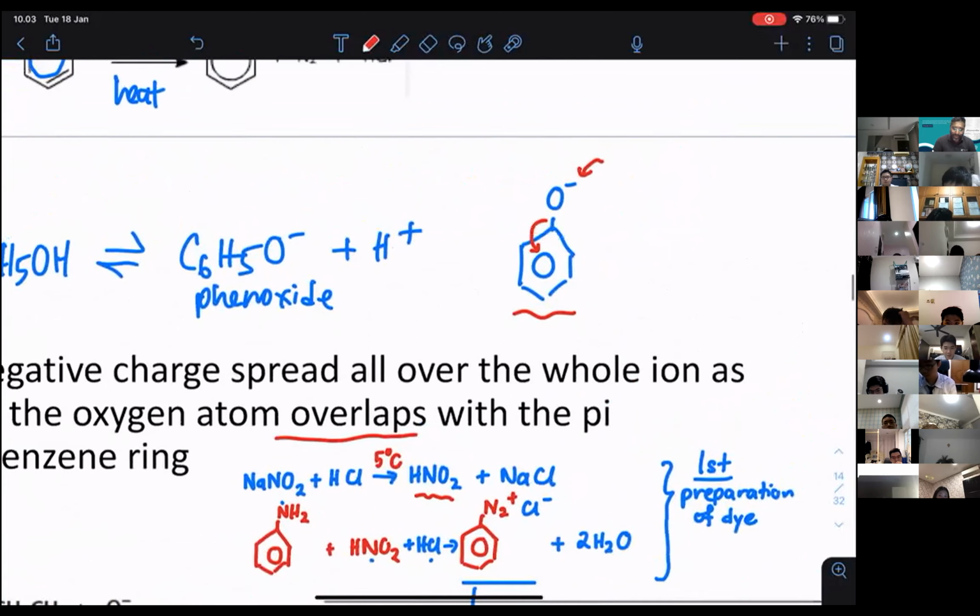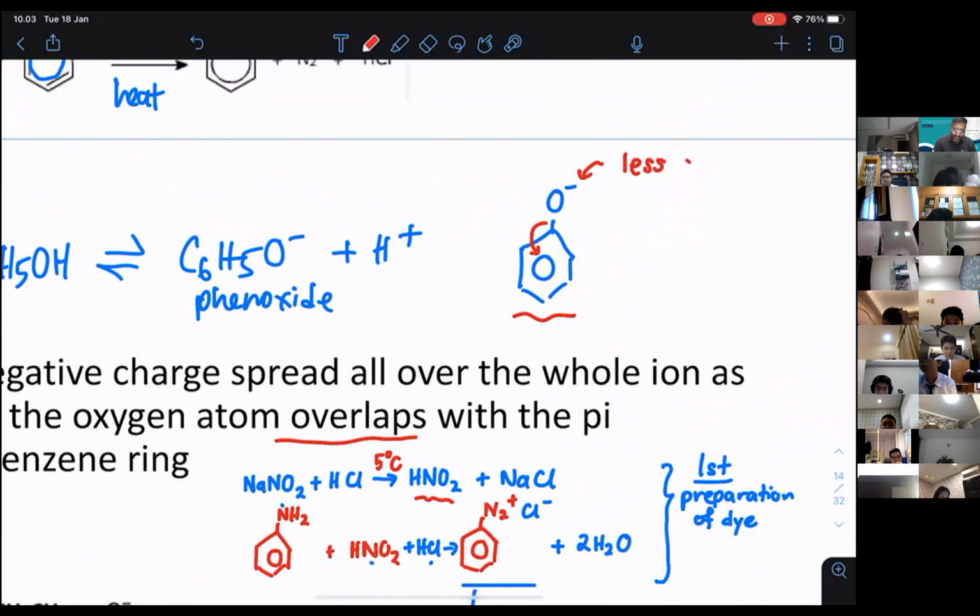The charge density becomes lower. The negative charge is not that concentrated at the oxygen atom. So if you have less negative charge over here, the positive and negative are going to be less attracted.